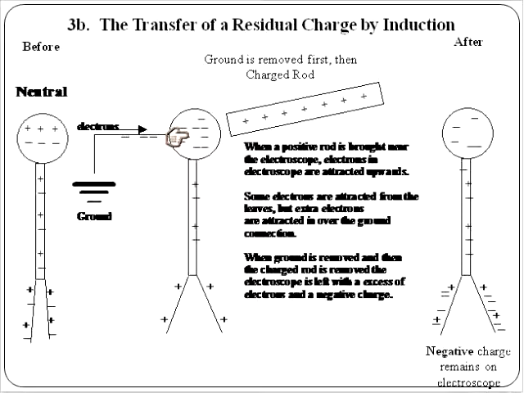So what you've done is you've given your electroscope a residual charge, but it's a negative residual charge. Even though the object that was involved was a positively charged object, the residual charge that you ended up with is a negative charge because the positively charged object pulled electrons out of the ground into the electroscope.